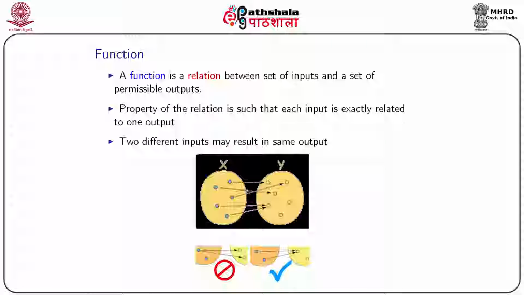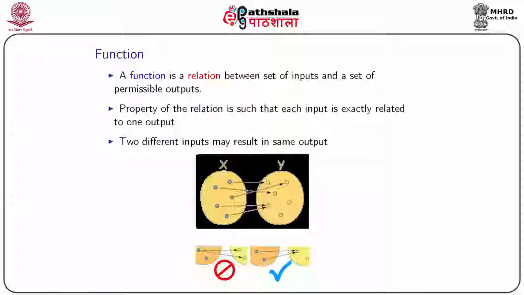That means we can't have two different outputs for the same input. If something like that happens, then it is not a function. Two different inputs may result in the same output, that is permissible. So for two different inputs we may get the same output.